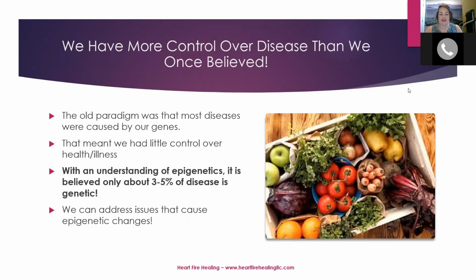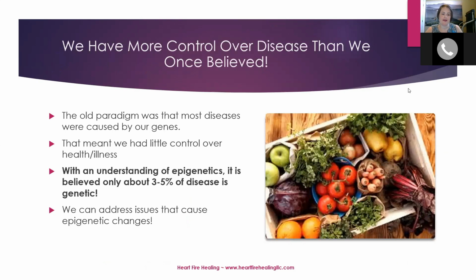And that meant we had little control over health or illness. We thought that we had good genes sometimes, like we had a healthy family and ancestry, or we had bad genes, and so we were doomed to have the same diseases that our ancestors did.